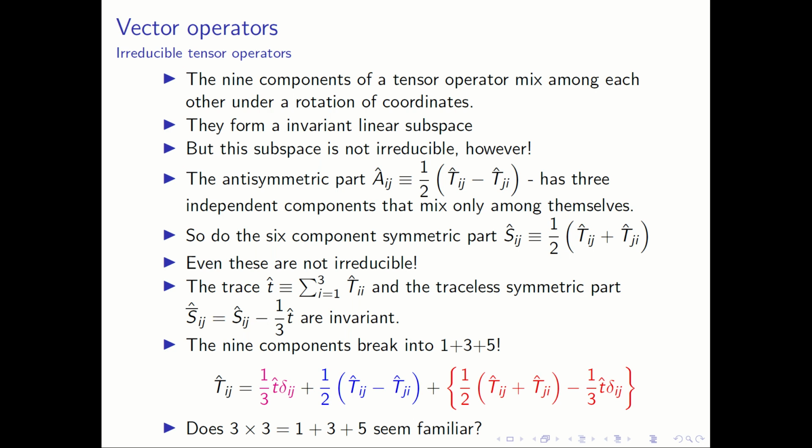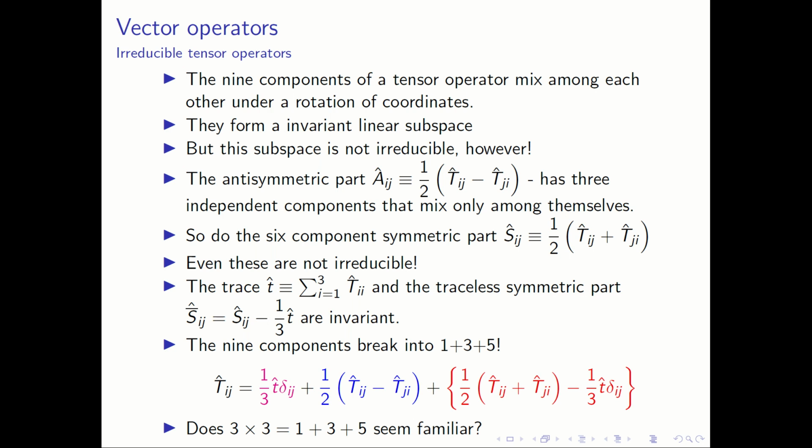And we had also seen that these 9 components of what are called Cartesian tensors of rank 2 form an invariant subspace under rotations. That is, if you take any linear combination of these operators and rotate your coordinate system, the resulting operators are going to be another linear combination of the same 9 components.